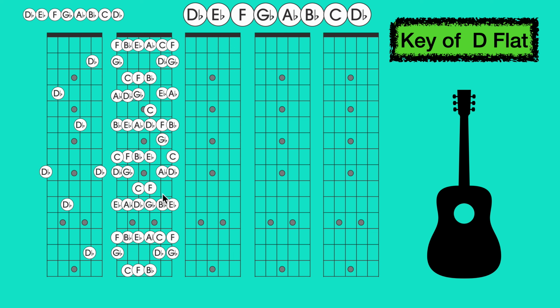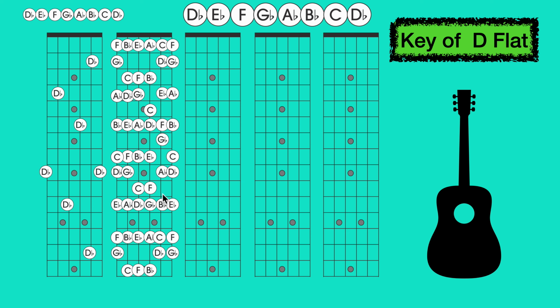So basically, your job is to spend time in the key, look for examples of chord progressions that you do frequently in other keys, and then do them in D flat, and then define them to yourself. Tell yourself what they are essentially.